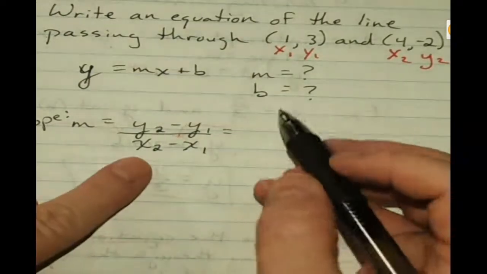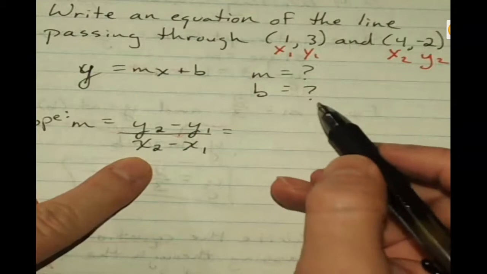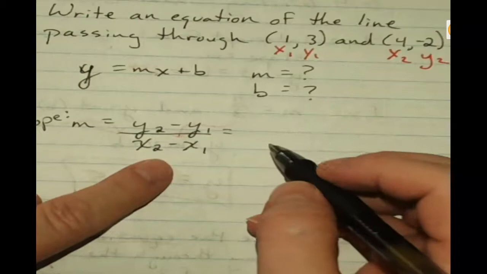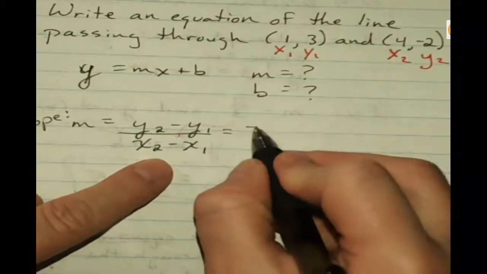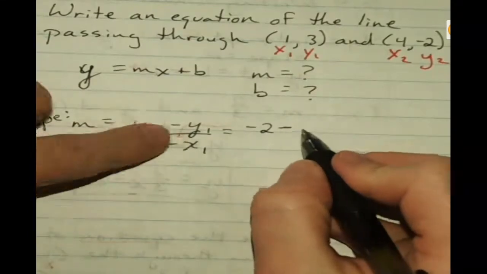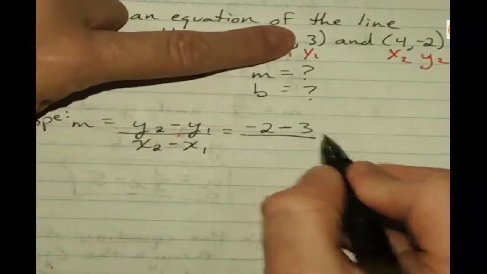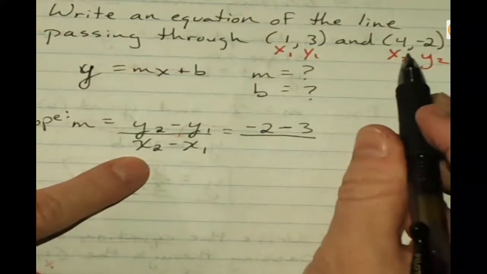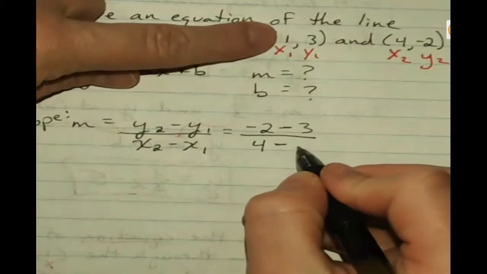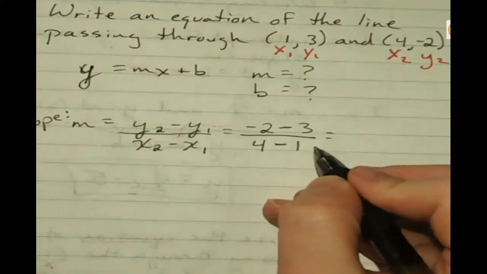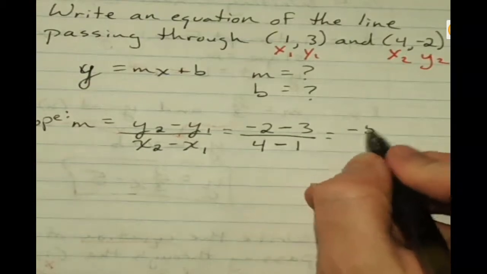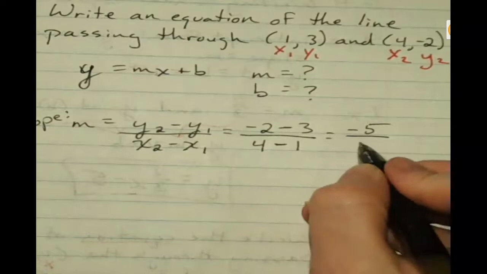So let's go ahead, because remember last time they gave us the slope, all we need to do is find the b. Well, now we got to find both. So first let's find the slope. So I have -2, because y2 is -2, minus y1, which is 3, over x2, which is 4, minus x1, which is 1. -2 minus 3 is -5. 4 minus 1 is 3.